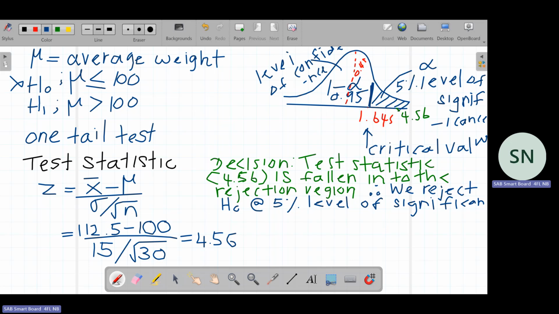Understood? Now we can accept the researcher's claim. H0 is the opposite of our claim. Now H0 is rejected. It means we can accept H1. Understood? Then here we can write the conclusion.